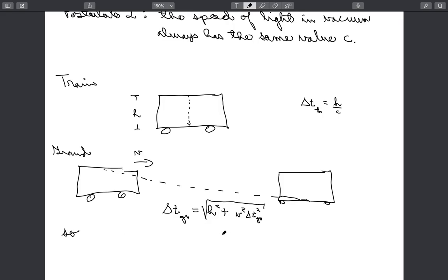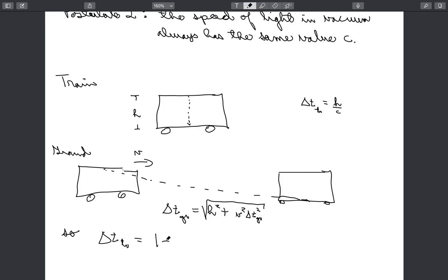Well, I can just replace h by c times delta t train here, and then I can isolate delta t ground in this equation, or if you prefer, I'll just isolate delta t train. So delta t on the train is going to be, I'll just square this, put this on the other side, and then retake the square root.